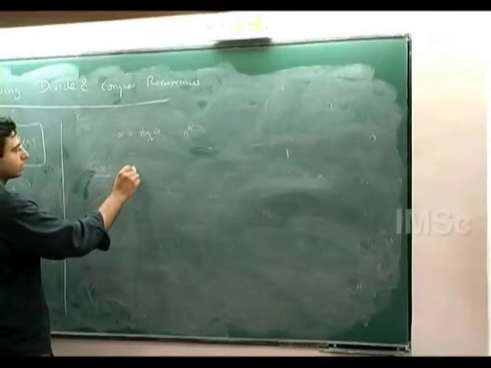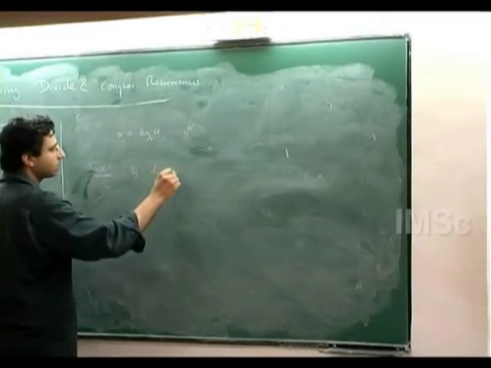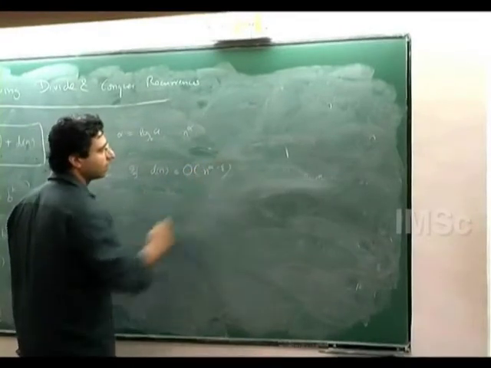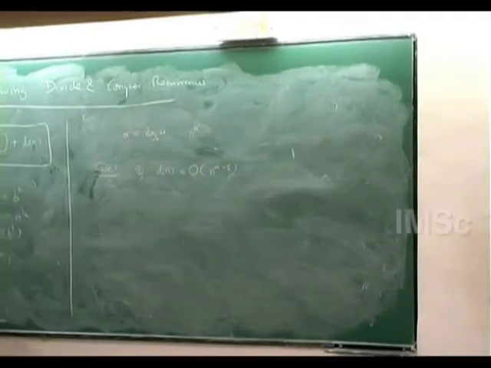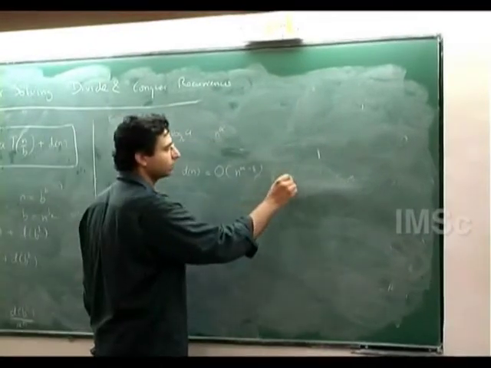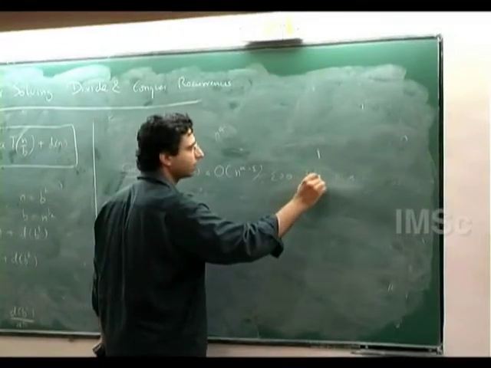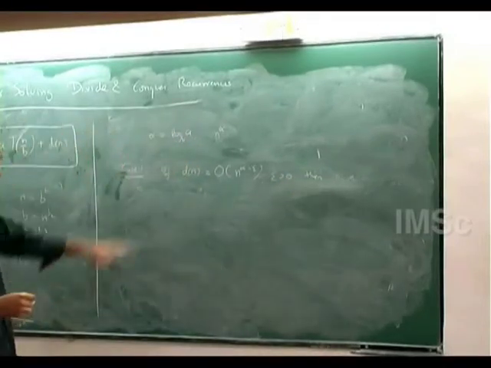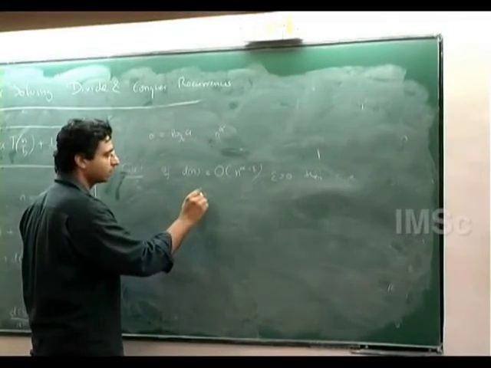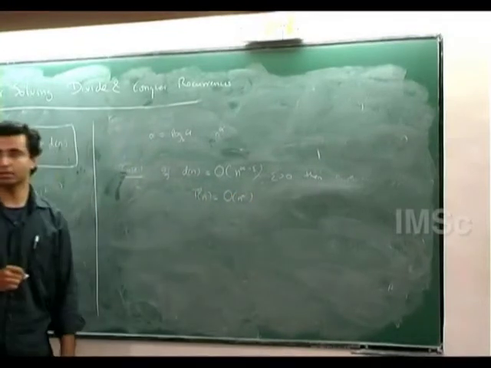First is if this driving function is smaller than the watershed function n raised to alpha by some polynomial factor n to the epsilon for some epsilon greater than 0. If that is the case, then what do we know? Then we know that the watershed function is going to dominate the sum.